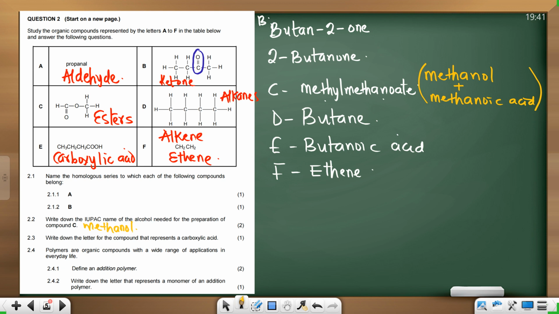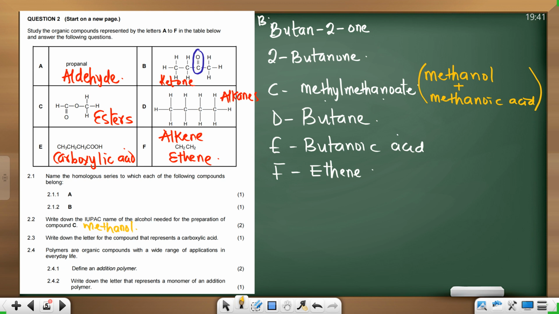Polymers are just large organic compounds from simple unit monomers. That's all. Not in KZN. No, it's national. But anyway, let's move on. Polymers are large organic compounds formed from small unit monomers.